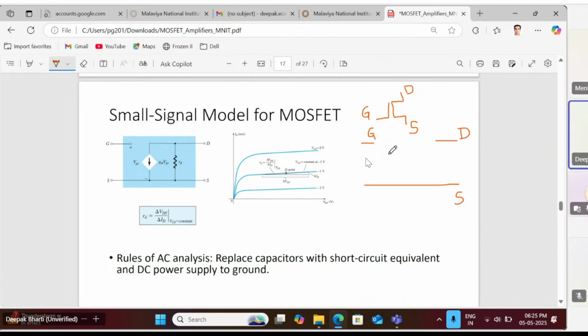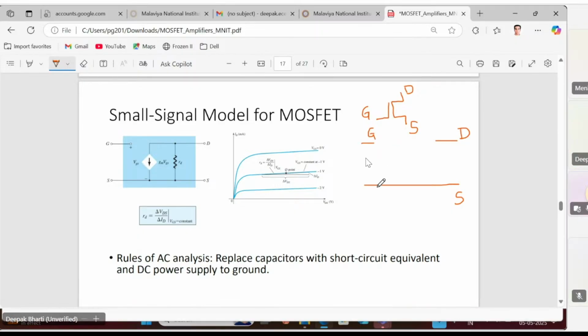So in practice there is nothing between the gate and source, it remains open circuit. The reason being we have an oxide layer between gate and source, or the input side, which offers quite high input impedance. So that's why gate to source it is open circuit.